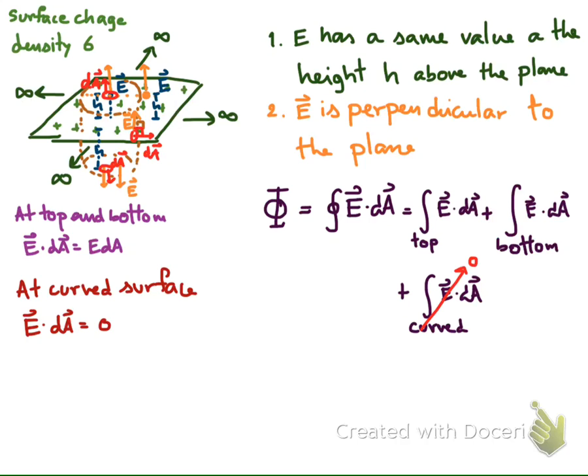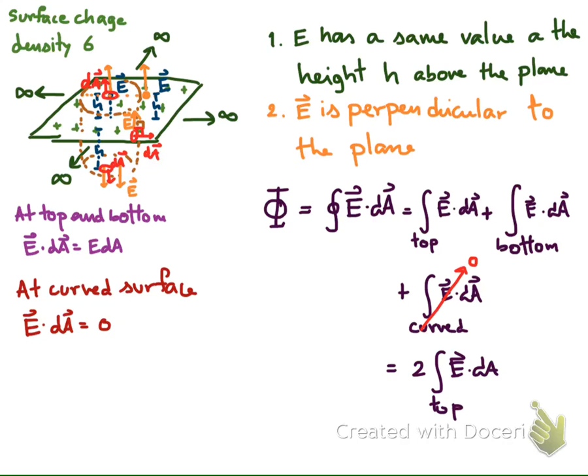So this integration should give us the same result. It means that we can say that the flux is equal to 2 times the integral of E dot dA at the top. Okay.